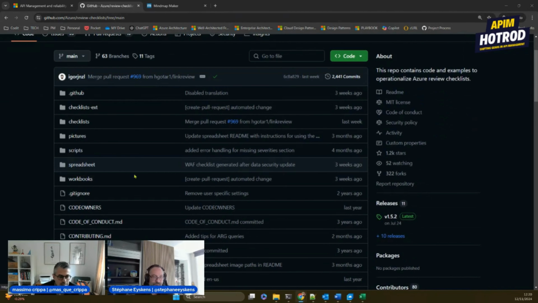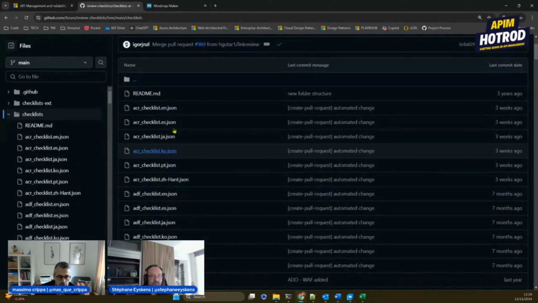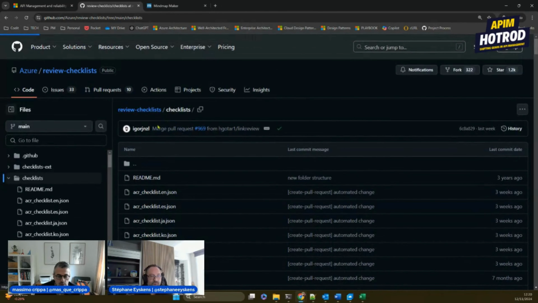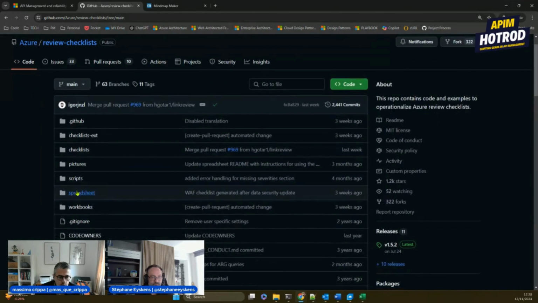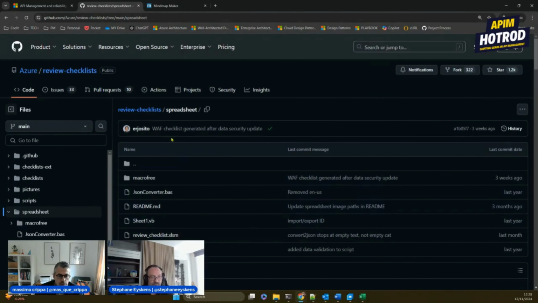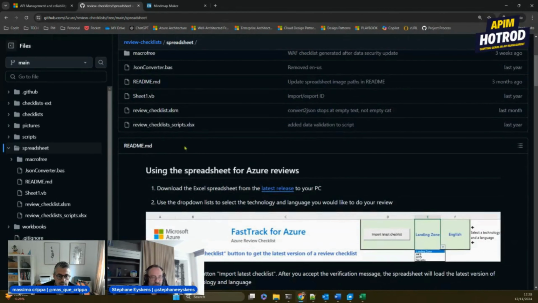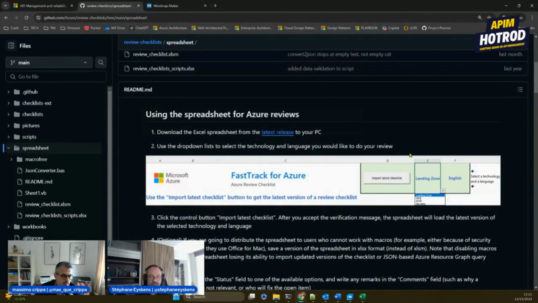It's extremely easy. There are a lot of controls that you can find here in the form of JSON in this folder. But to make it very easy to use, you can go to the spreadsheet here and download this XLSM module, which will look like this.